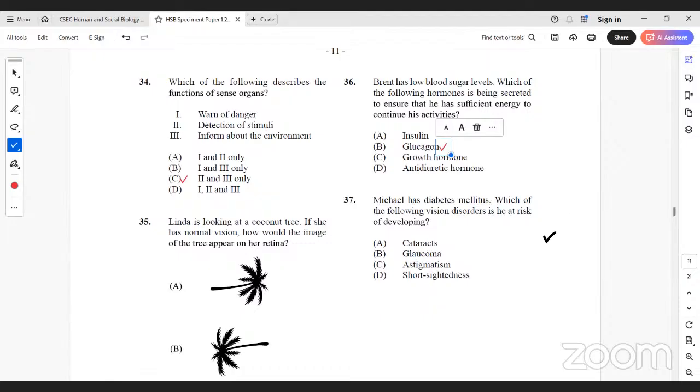Michael has diabetes mellitus. Which of the following vision disorders is he at risk for developing? If he has a vision disorder that is caused by high blood sugar, uncontrolled blood sugar level, what is he thinking? What is he thinking that could be the answer?